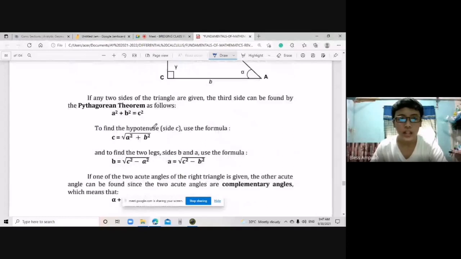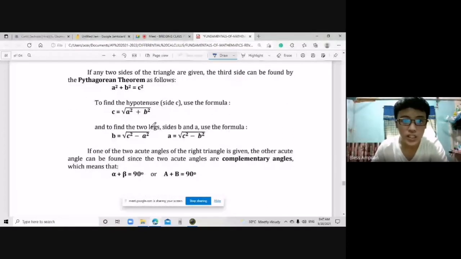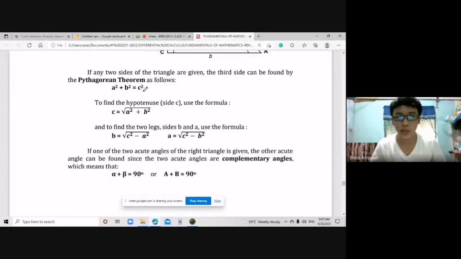Now, this is the Pythagorean theorem. Again, the square of the hypotenuse is equal to the sum of the squares of the other two sides: a squared plus b squared equals c squared. To find the hypotenuse, use the formula.